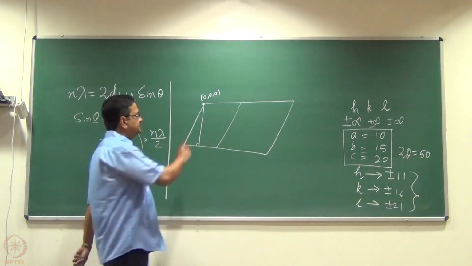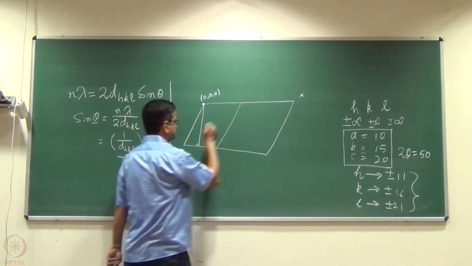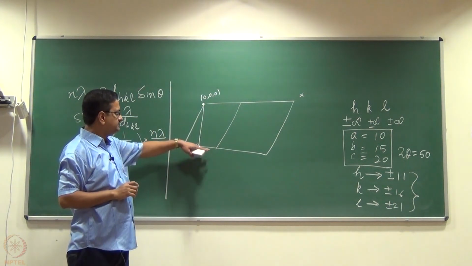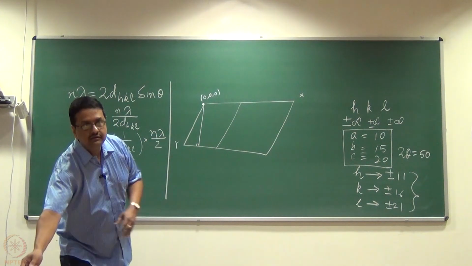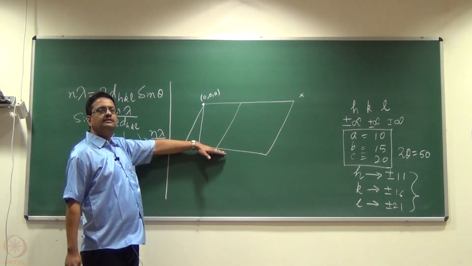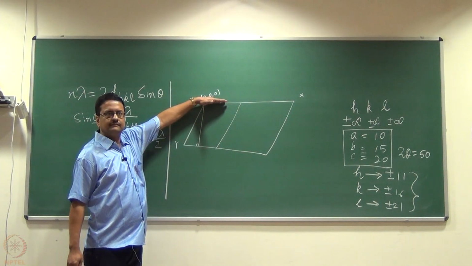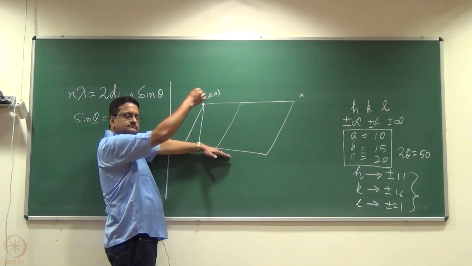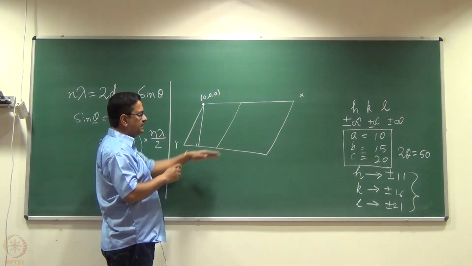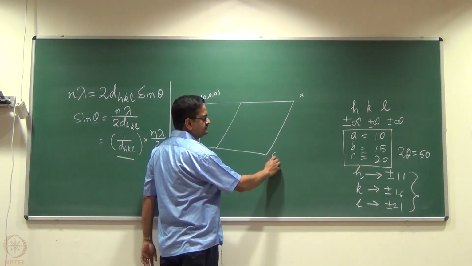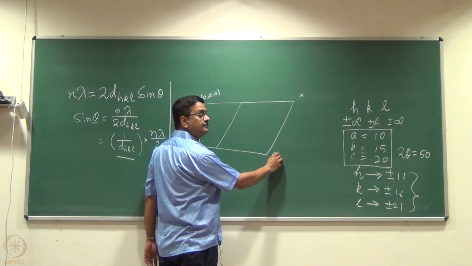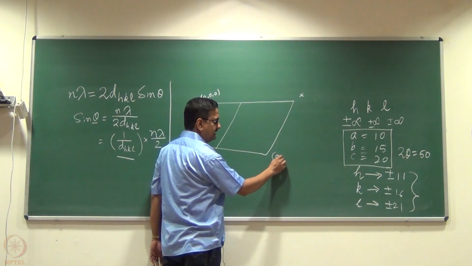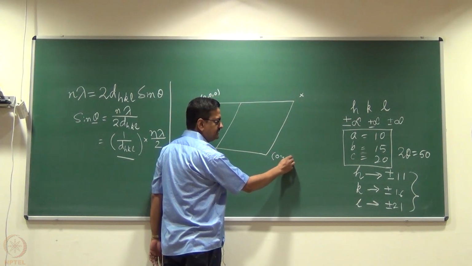See, suppose I say that this is direction x, this is direction y, and z is towards you. This plane, which is like this, is parallel to the x-axis and parallel to the z-axis. So the corresponding Miller index for this plane will be: parallel to x means 0, y, 0.